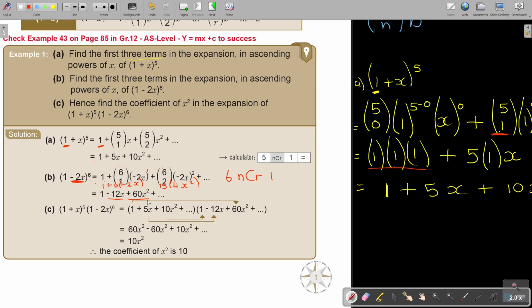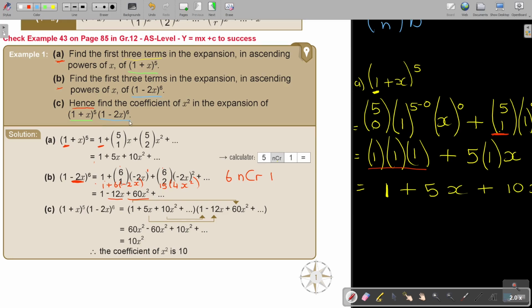Now, remember, when they use the word hence, they always want you to use the previous example. So they want you to use the answers of A and the answers of B. Because if you see the connection, can you see? There is x to the power of 5, and you already have the first three terms. There is x to the power of 6, and you have those three terms.